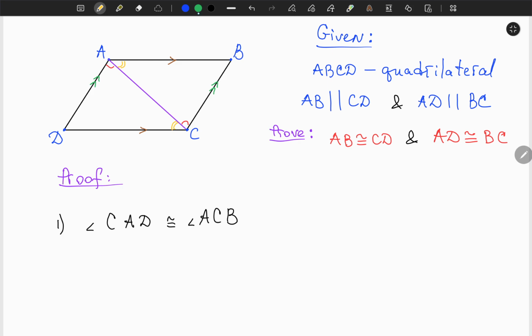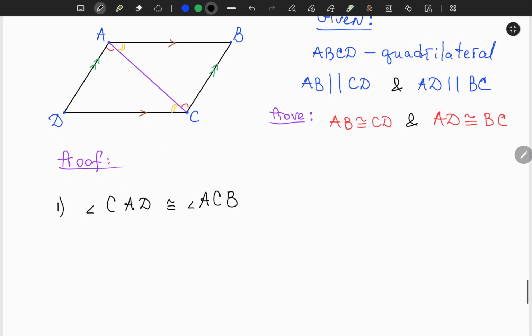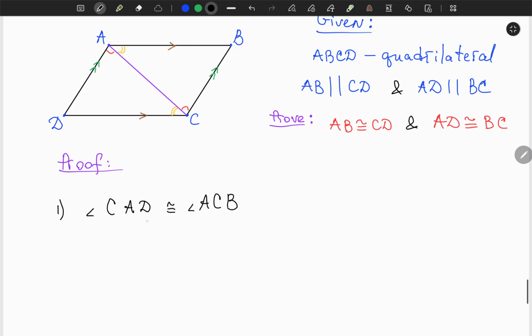So these angles: CAB is congruent to ACD. Oh, for the first thing we need to say, by the alternate interior angle theorem, AD is parallel to BC, and AC is transversal.